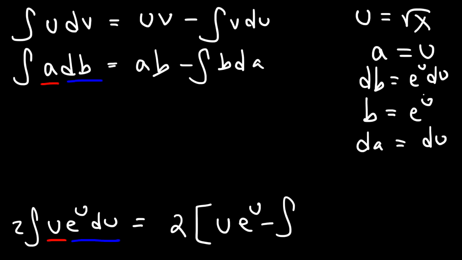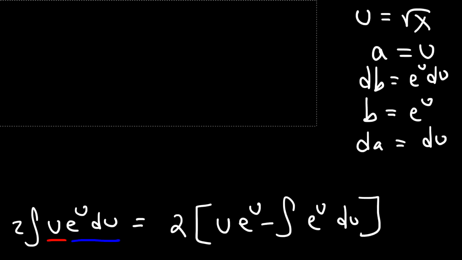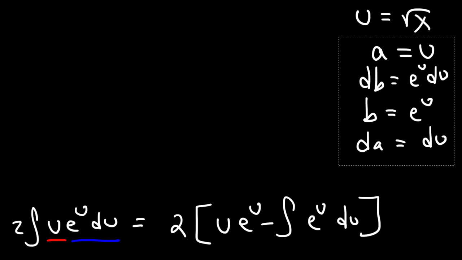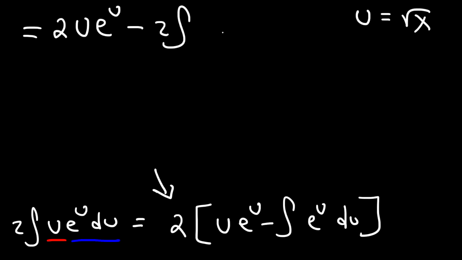So b is e to the u, and dA is just du. So now we can get rid of this stuff, and we don't need this anymore. Now let's distribute the 2. So this is all equal to 2 u e to the u minus 2 integral e to the u du.